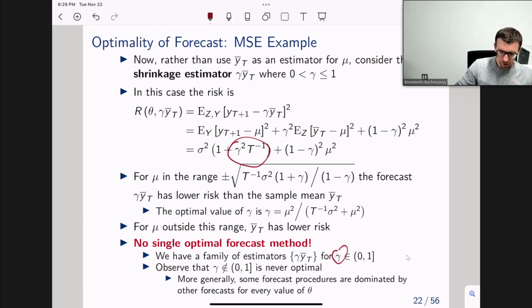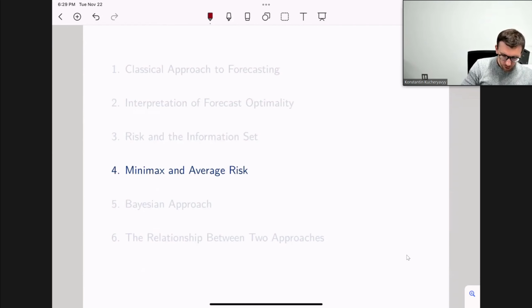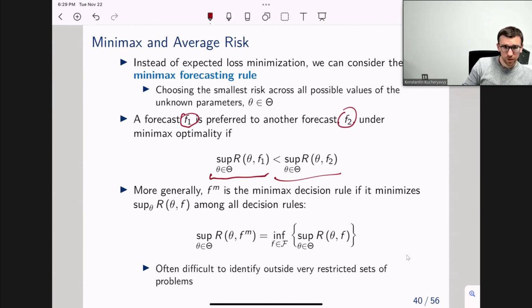Once again, for different mu's, different forecasts will be better. So there's this whole family. One way of dealing with this issue is to say, why don't we choose the one rule that across all parameters gives us the best outcome.